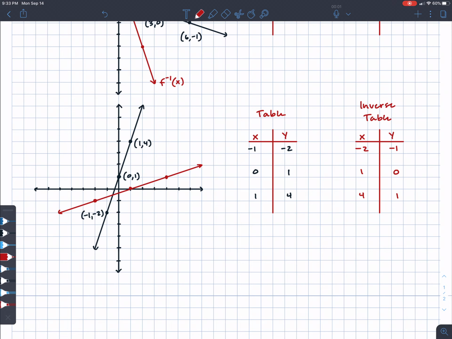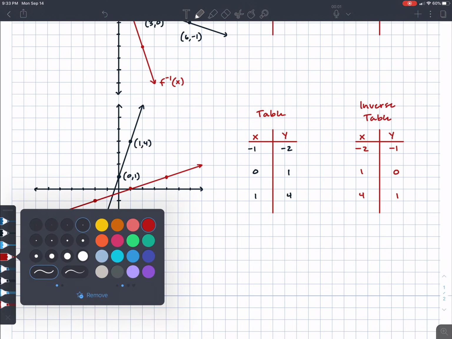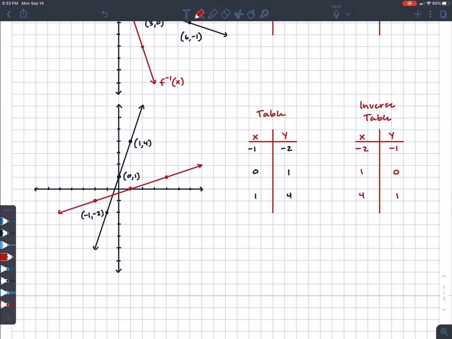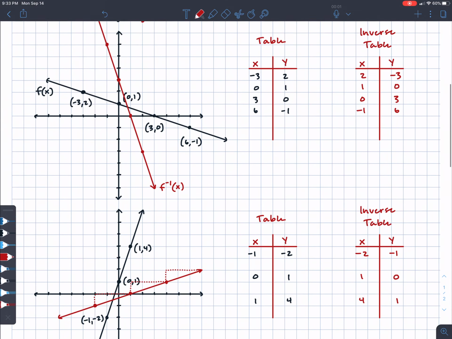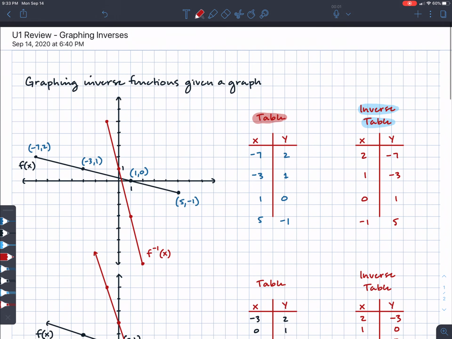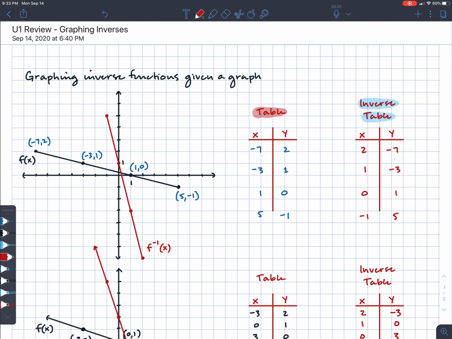So I noticed that how I kind of kept that line going, I noticed that if I were to draw a dotted line, my slope is up 1 over 3, up 1 over 3, up 1 over 3 to get my slope. All right. So those are 3 examples to graph the inverse function. So once you've watched this video, go ahead and try the problems in your review.